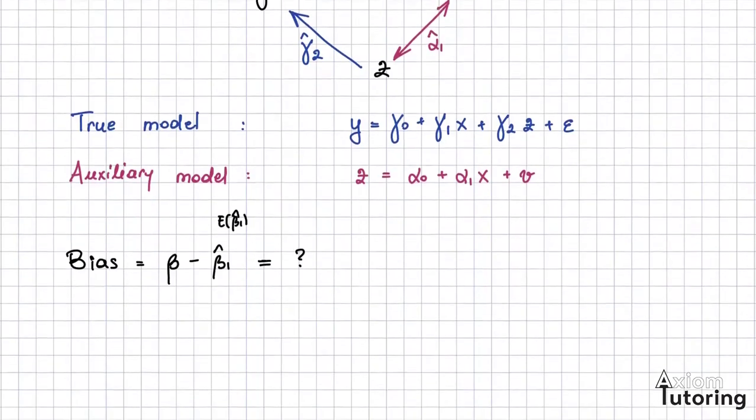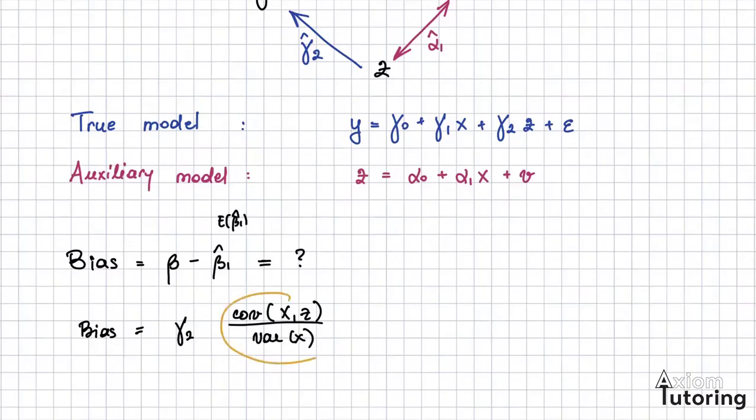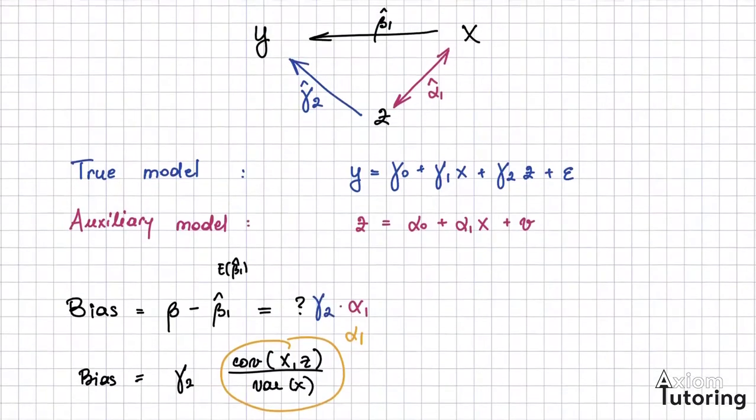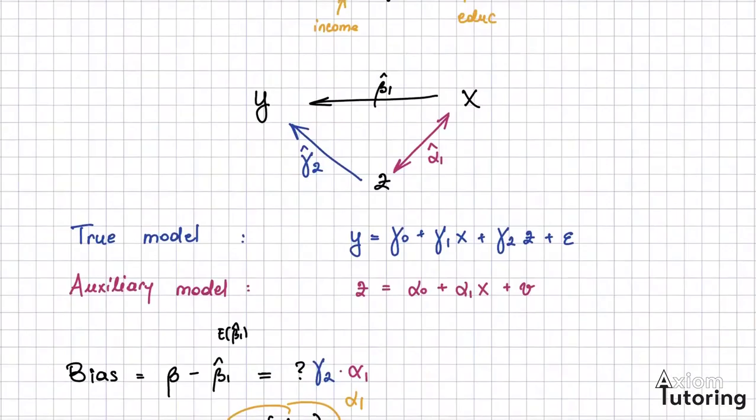From the explicit formula that we got last time, we know that the bias by itself is just beta 2, or in our case the gamma 2, since we're using the full model with the gammas, times the covariance between X and Z divided by the variance of X. And keep in mind, this entire thing is literally just giving us the alpha 1, because that is the definition of the coefficient in front of X in a regression of Z on X. So ultimately, the bias is going to be determined by the true gamma 2 times the alpha 1.